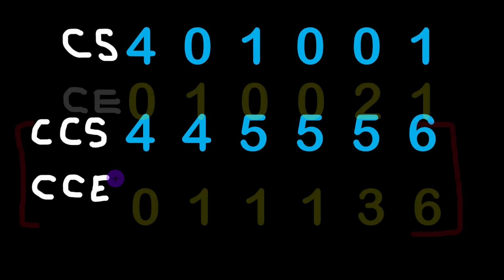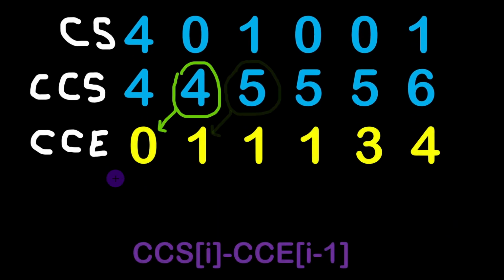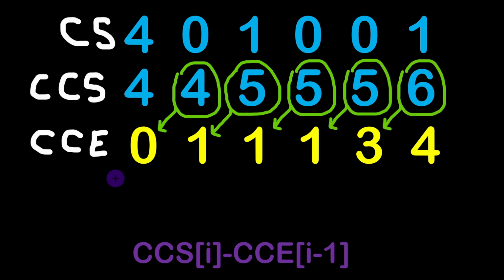So these two vectors will allow me to access the number of disks that are covering a certain position simply by doing the difference between the number of disks that were started so far at or before a certain position and the number of disks that ended just before this particular position.